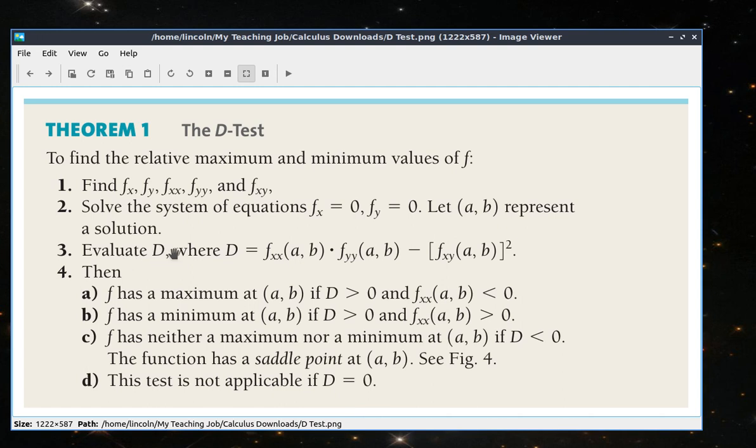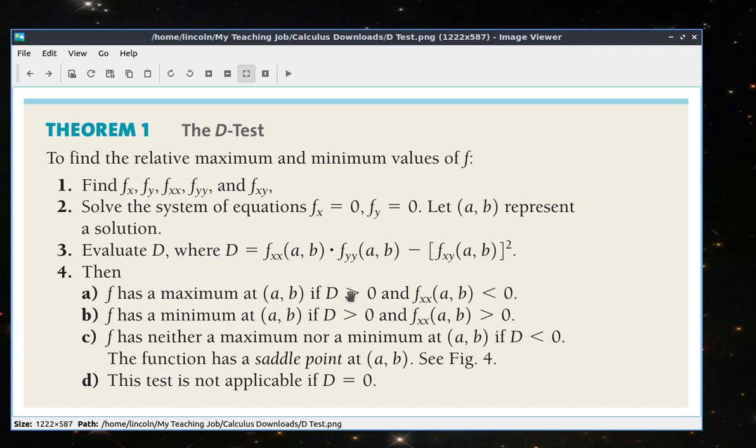Then we're going to evaluate D, where D is fxx, substituting the coordinates of the location, times fyy, substituting the coordinates of the location, minus fxy, substituting the coordinates of the location, and that will be squared. And we do the second derivative test.